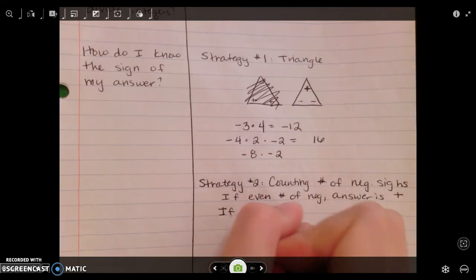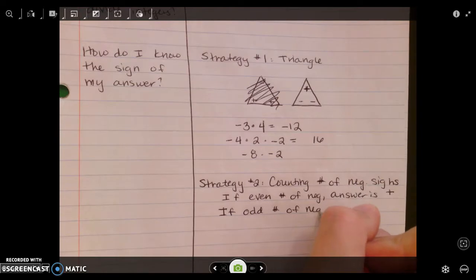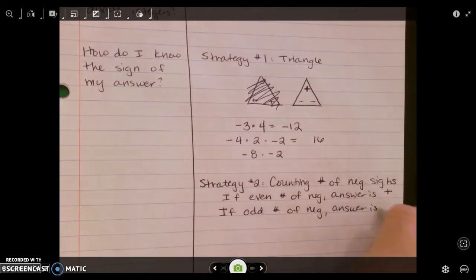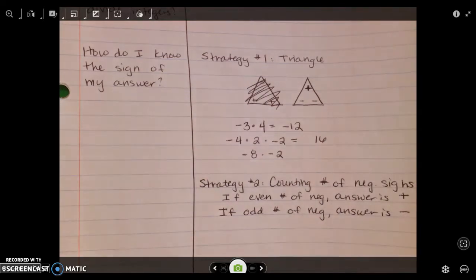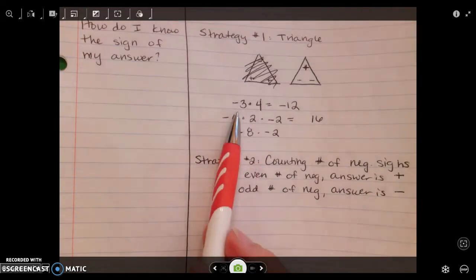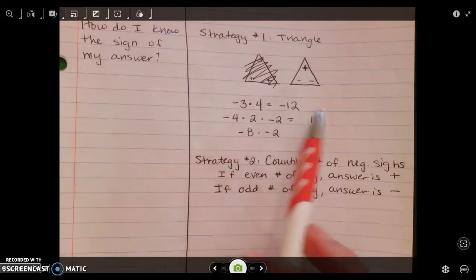If there's an odd number of negative signs, then your answer is negative. Okay, so you can look at it like in the first two examples that I gave you. How many negative signs are there? There's one. Is one even or odd? It's odd, so your answer is negative.